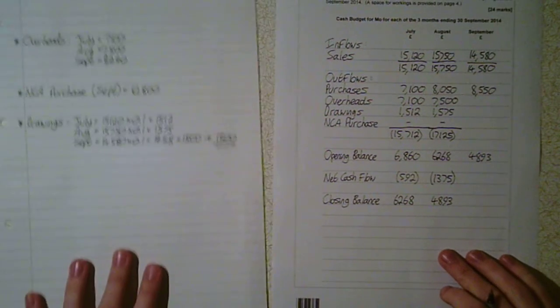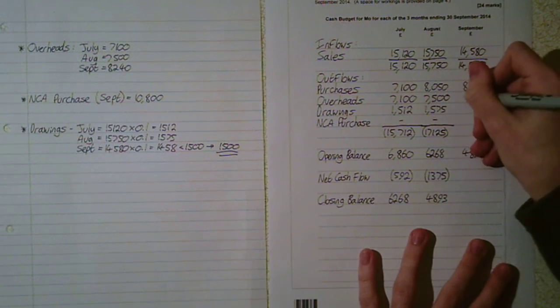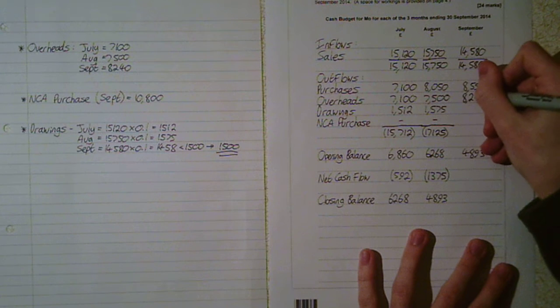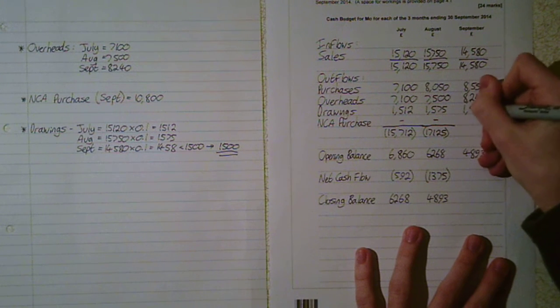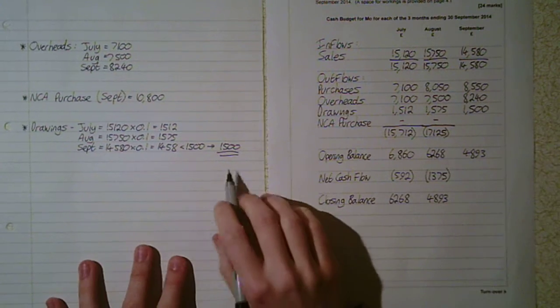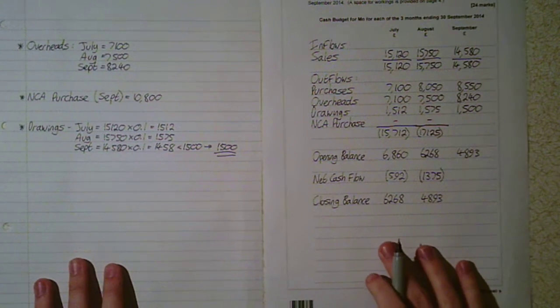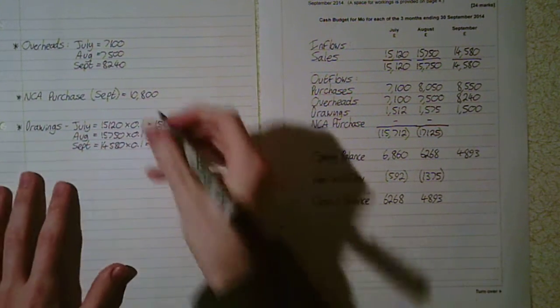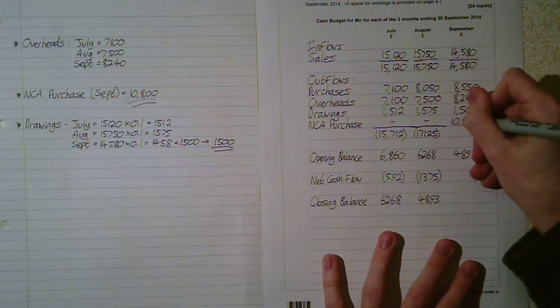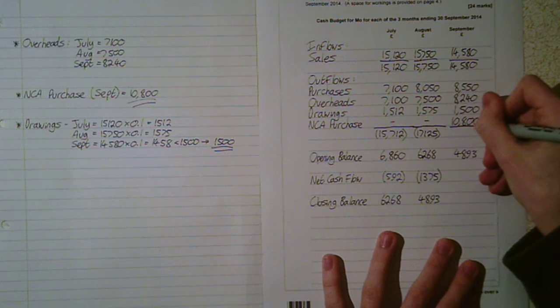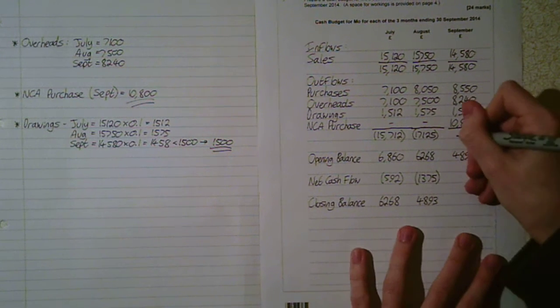Overheads, 8,240. And the drawings, we had to round up, didn't we, to 1,500 because they fell below. And the NCA purchase, we're finally making use of £10,800. Obviously this is going to have a big impact on the net cash flow, isn't it?